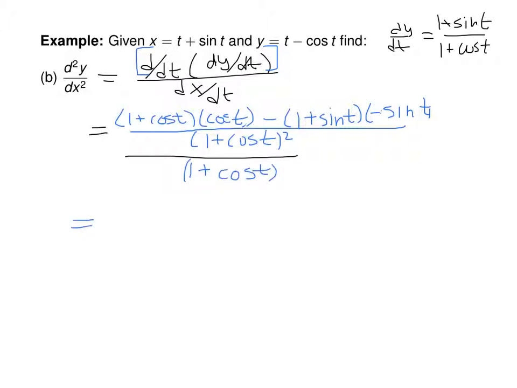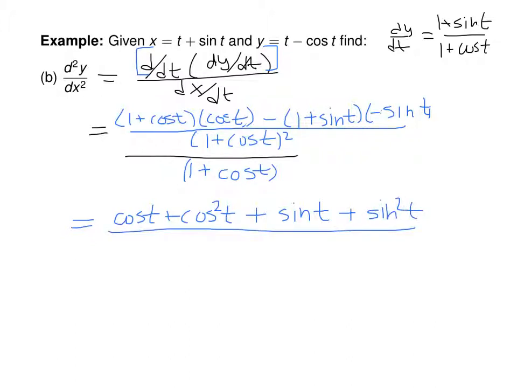So now simplifying the numerator, we'll have cosine of t plus cosine squared t plus sine of t plus sine squared t, all over. Now let's figure out how to deal with this. To get that out of the denominator, we'll multiply by 1 over 1 plus cosine t there and 1 over 1 plus cosine t there.